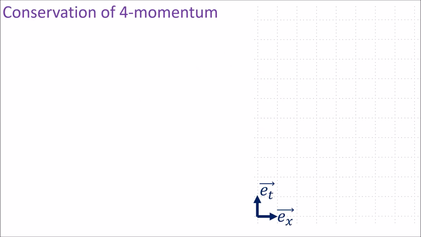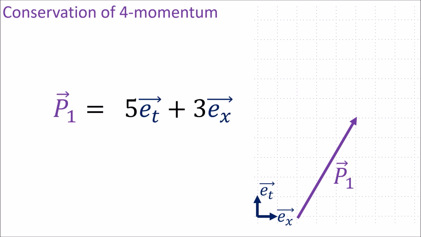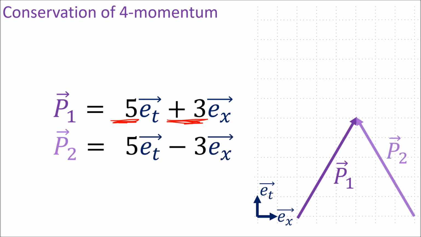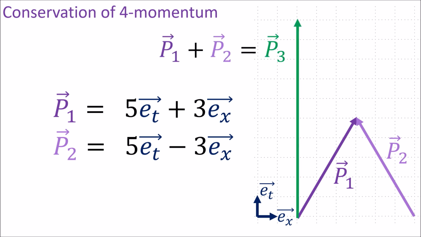The first object has 4 momentum p1 with 5 energy units and plus 3 x momentum units moving to the right. The second object has 4 momentum p2 with 5 energy units and negative 3 momentum units moving to the left. The resulting object after the collision must have 4 momentum p3 that equals p1 plus p2.